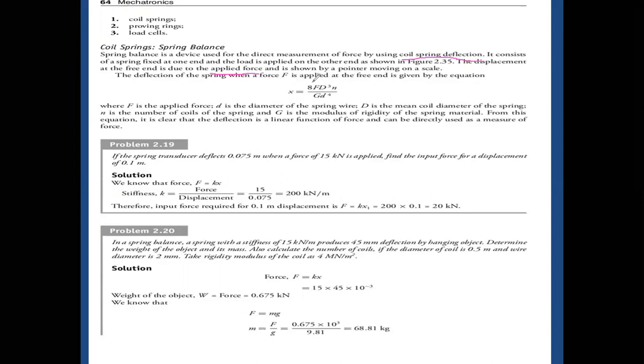Here F is the applied force, small d is the diameter of the spring wire, capital D is the mean coil diameter of the spring, n is the number of coils of the spring, and G is the modulus of rigidity of the spring material. From this equation, it is clear that deflection is a linear function of force and can be directly used as a measure of the force.